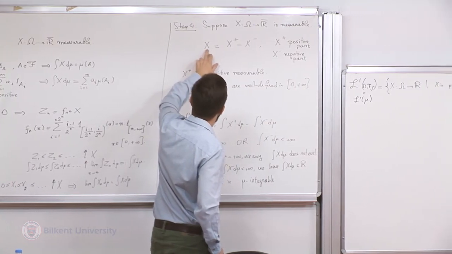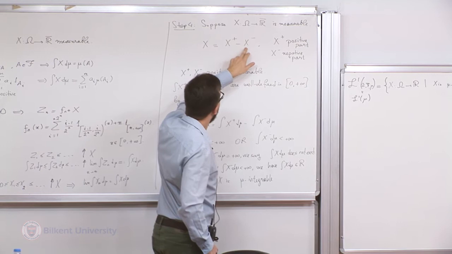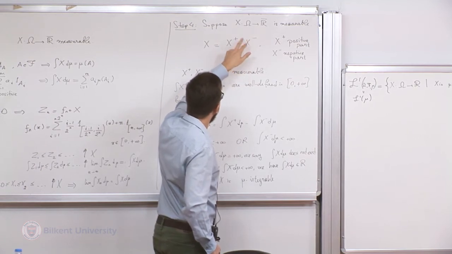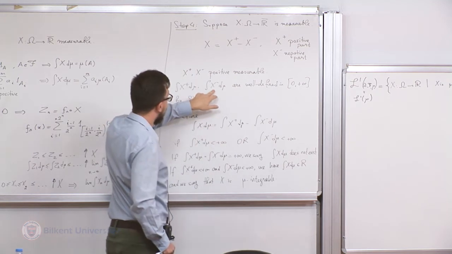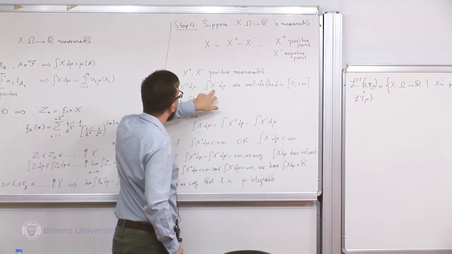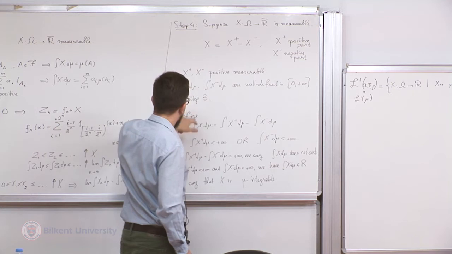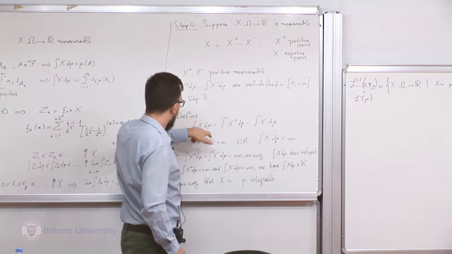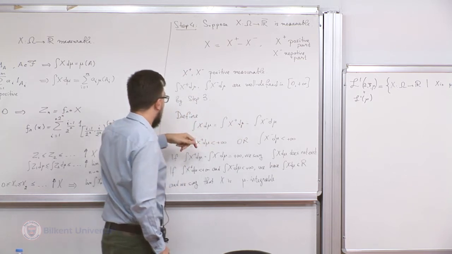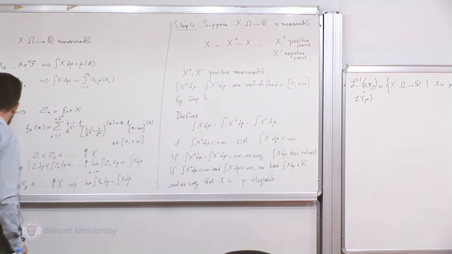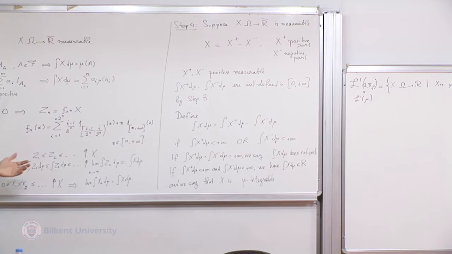If x is positive, this means x minus is just 0, right? This disappears. So x minus is 0 means the integral of x minus is just 0. Therefore, by step 4, the integral of x is just defined as the integral of x plus d mu. And the integral of x plus is defined by step 3. So you get the same definition.